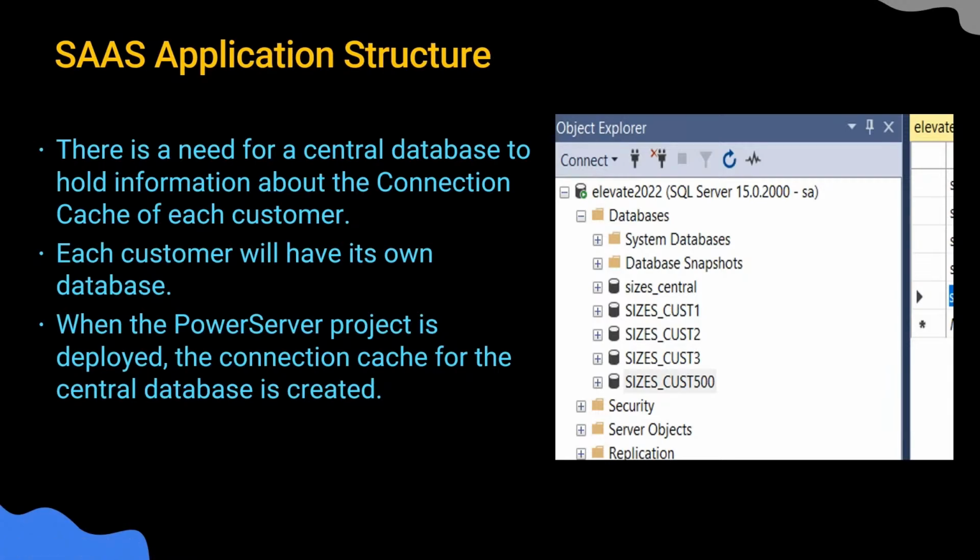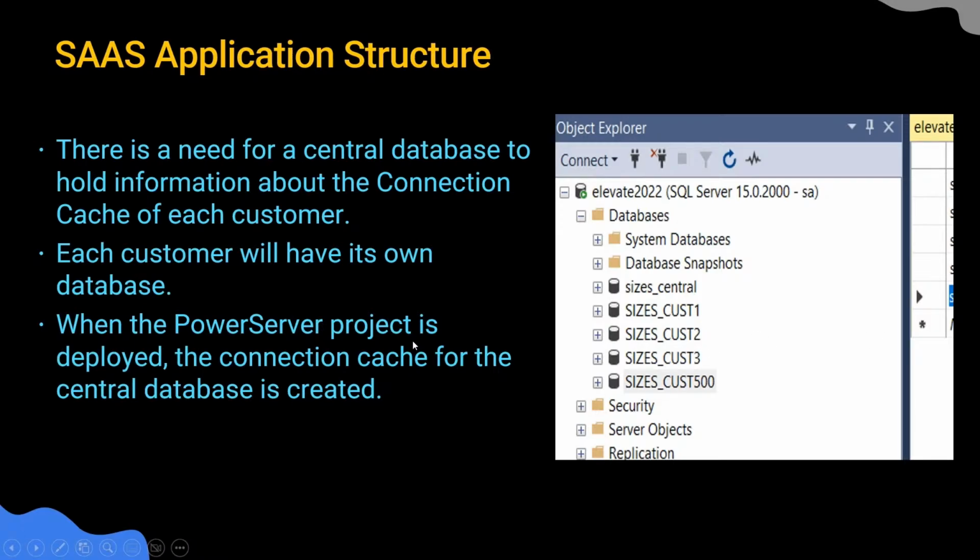If customer one wants to access the application, then you're going to change to this database. If customer two wants to access the application, then you change to the second database.